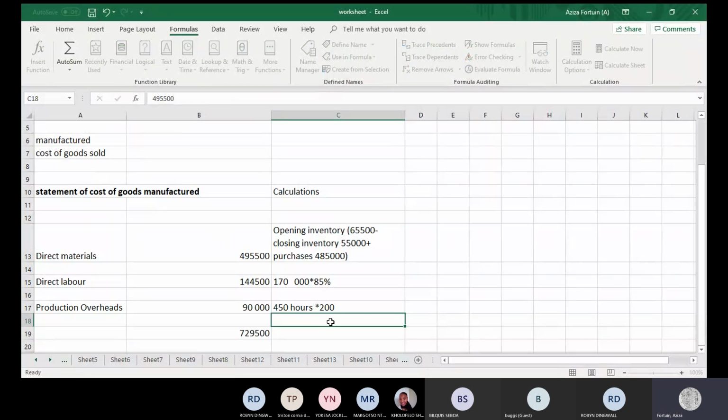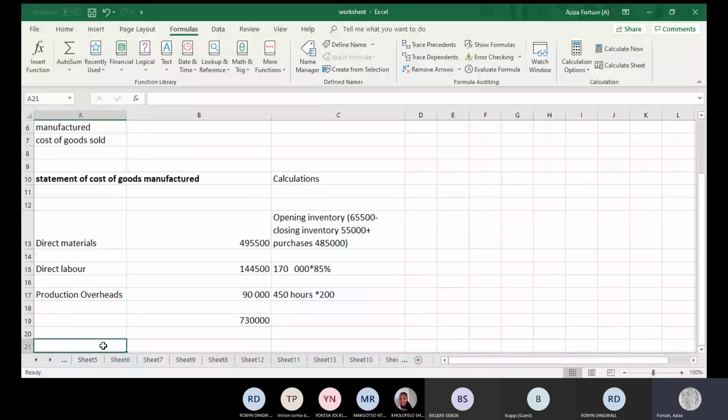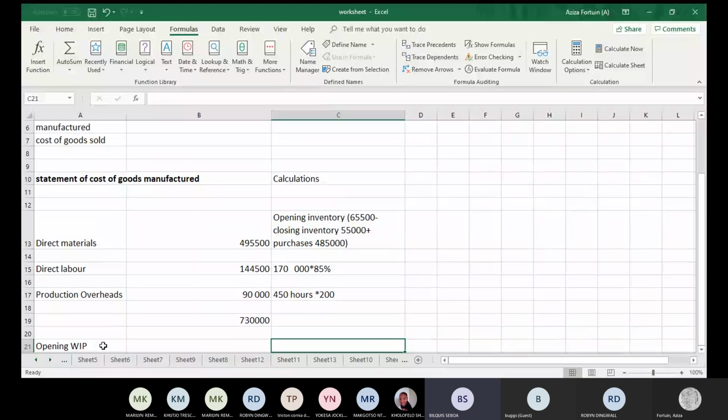Okay. So now we have to take into account our opening inventory for work in process. Okay, so our opening WIP. What was our opening WIP? The opening work in process was 100,000.